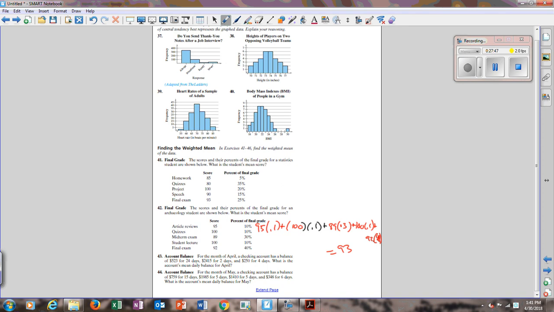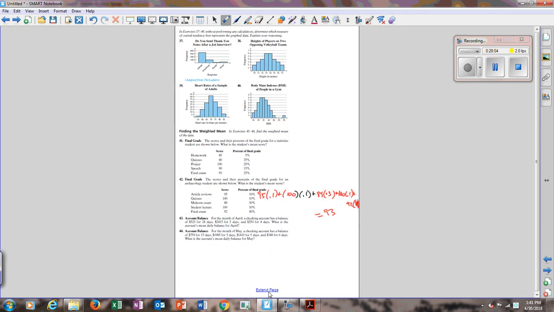Number 44, for the month of May, a checking account has a balance of $759 for 15 days, $19.85 for 5 days, $14.10 for 5 days, and $3.48 for 6 days. What is the account's mean daily balance for May?